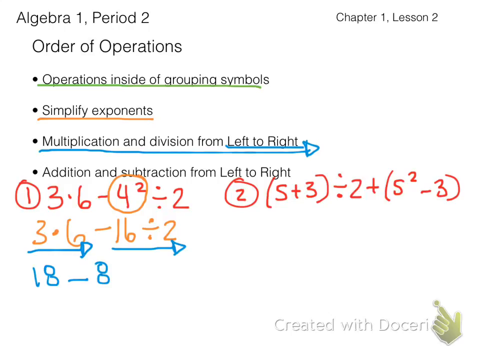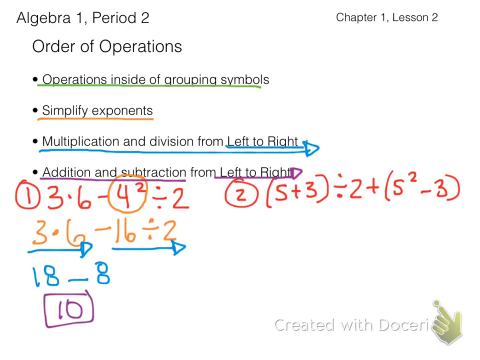Then the final thing is addition and subtraction from left to right. Again, addition and subtraction have the same value, so I have to do them from left to right. Well, 18 minus 8 is 10, so that's your final answer.